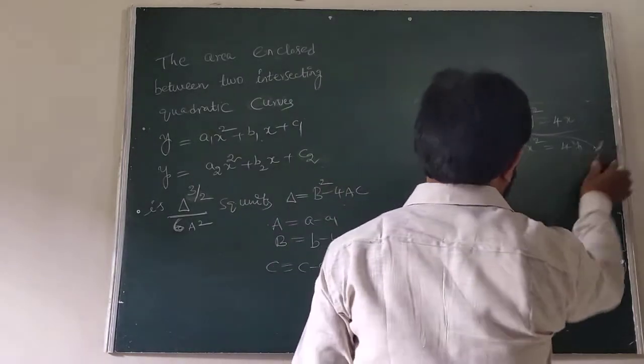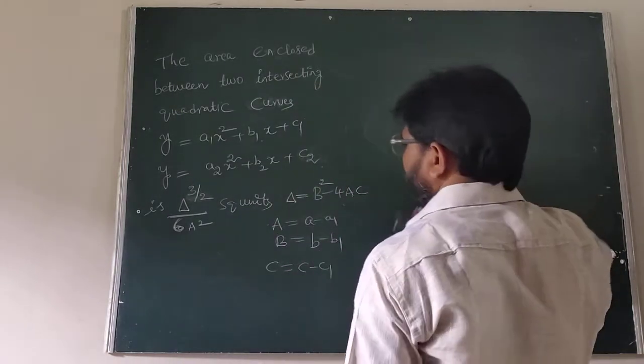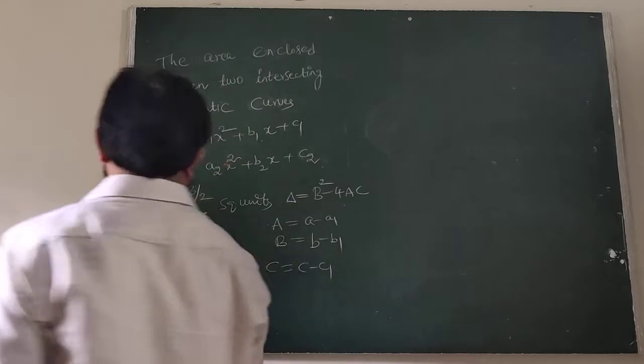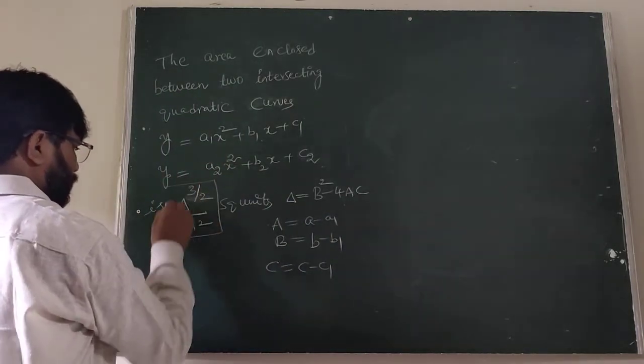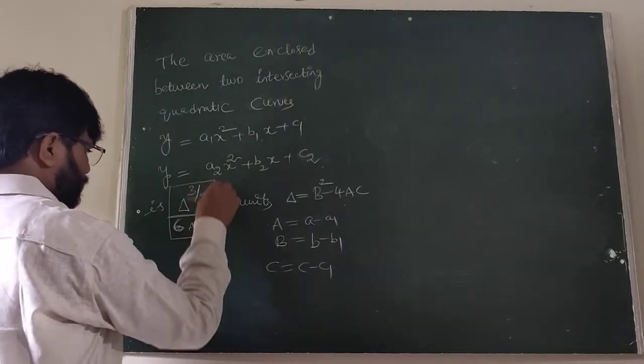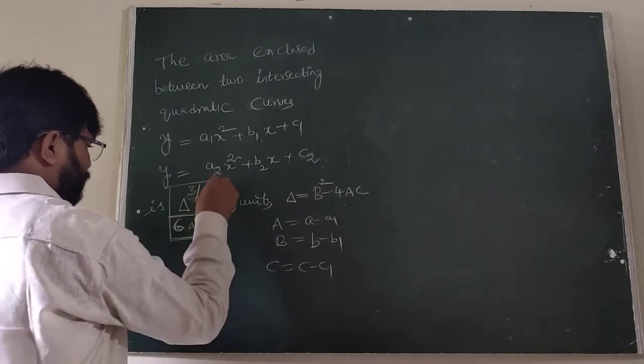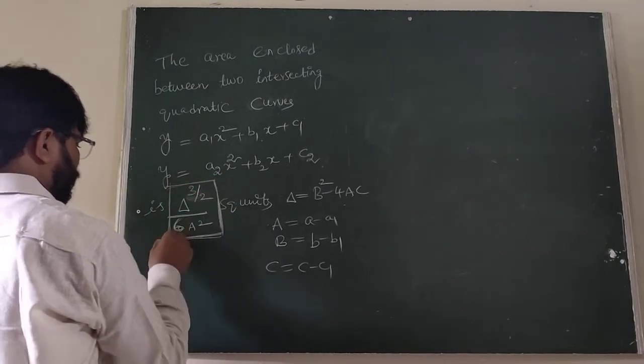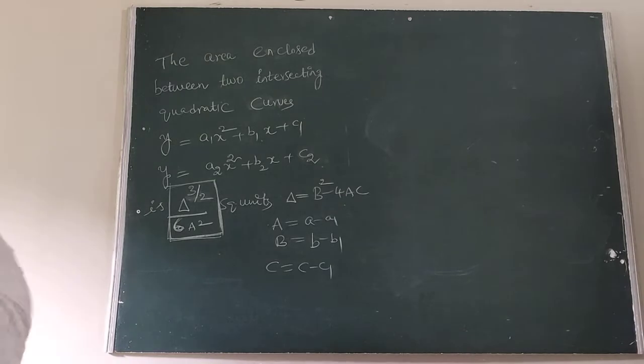Dear students, this is a very important formula, delta power 3 by 2 by 6a square.